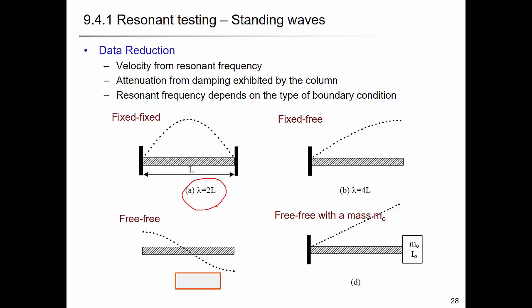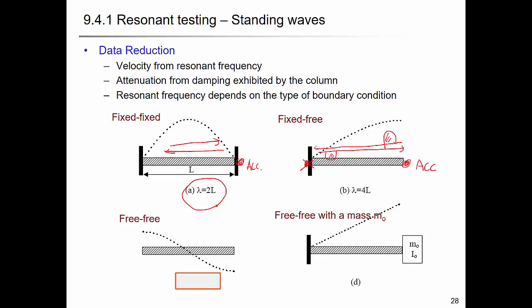So you are measuring with the accelerometer, and the wave goes ding, ding, so that's 2L. But in the fixed-free condition, if you have the sensor here and an excitation like this, it's going to be inverted at the fixed end.